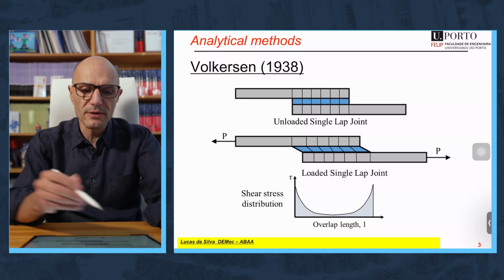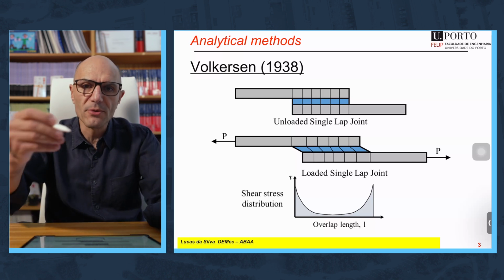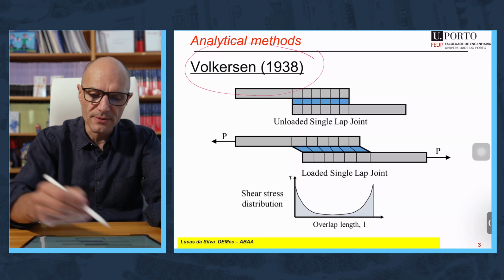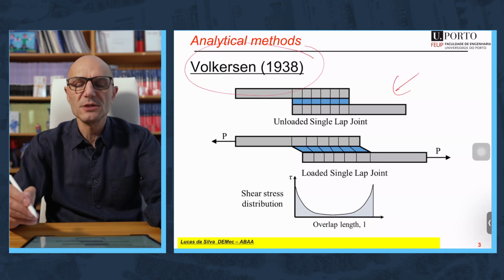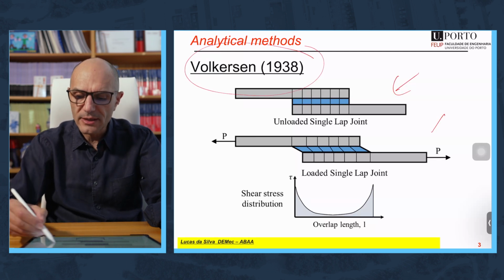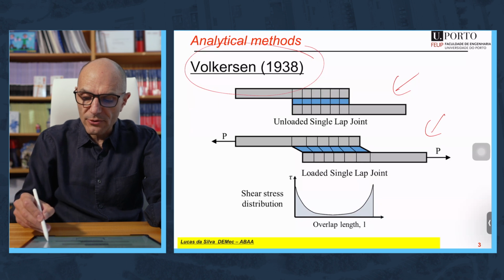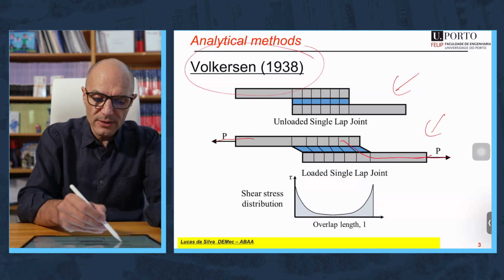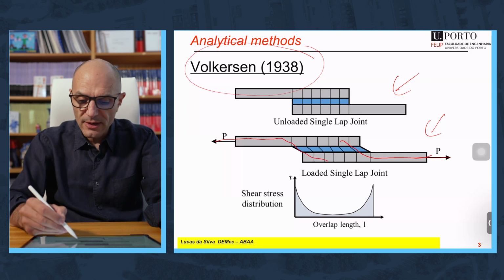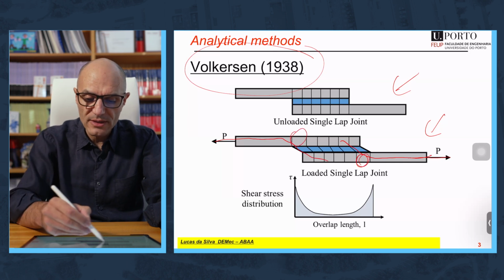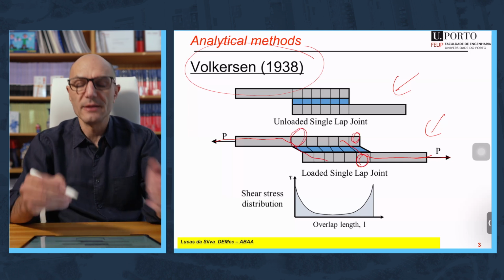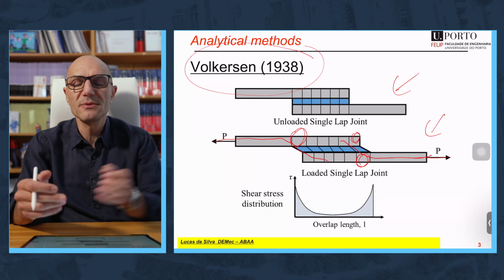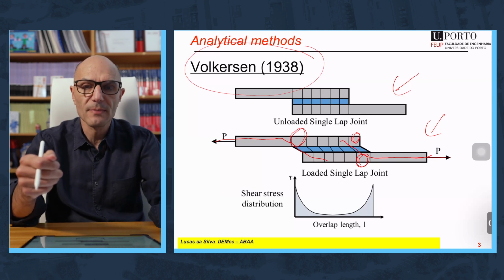The first to recognize this and to propose a model for this was Volkersen. So you have here the situation where there is no load applied, and here when you apply load. And of course the transfer of load will be done like this from this side and like this from this side. So this part of the substrate will deform much more than this one, and this will create a non-uniform deformation in the adhesive.